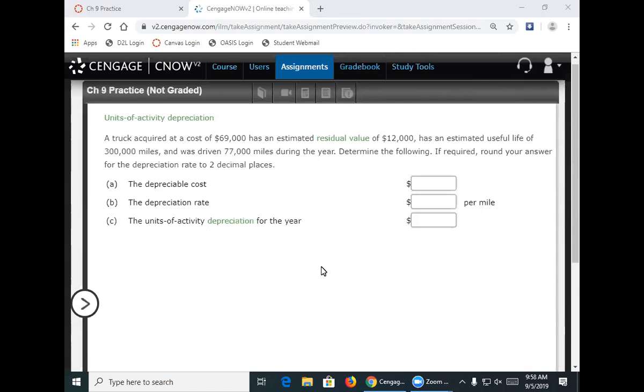Well, how do I calculate depreciable cost? Cost minus residual value. You're given the whole depreciation formula, which is good, but your depreciable cost is just your cost minus residual value. So again, depreciable cost equals cost minus residual value.